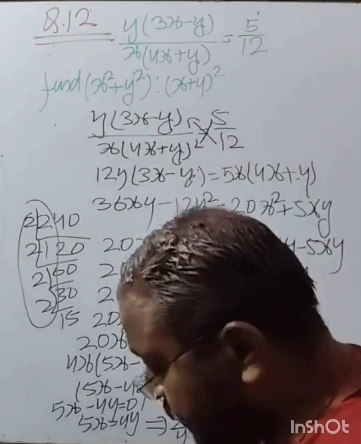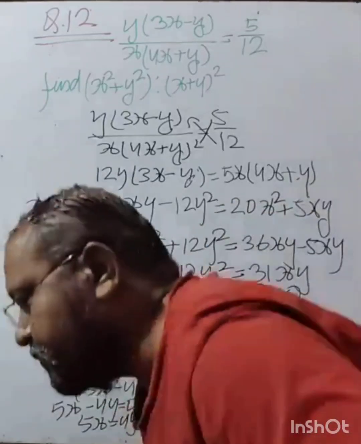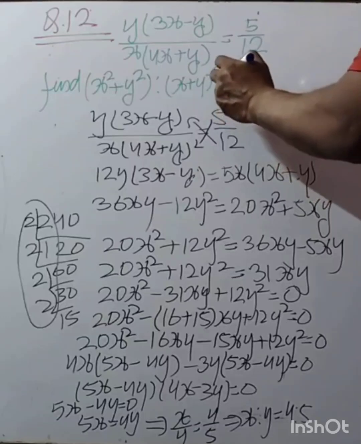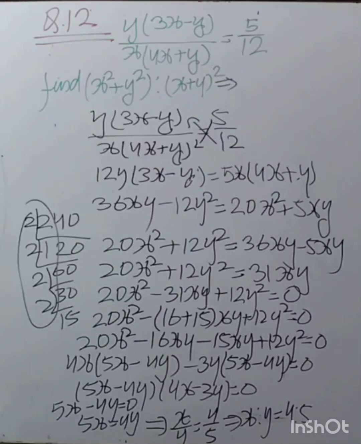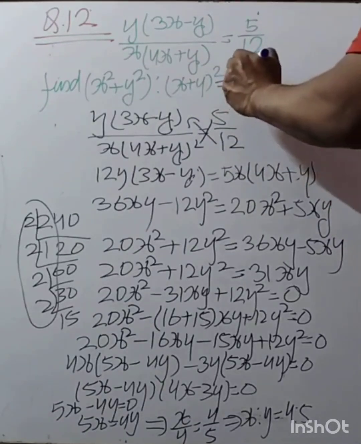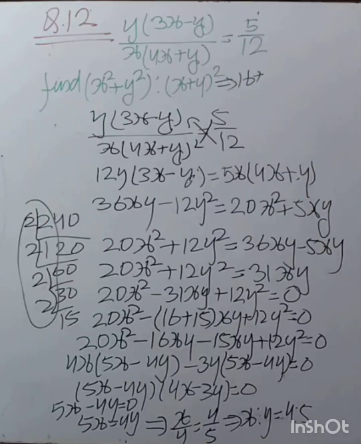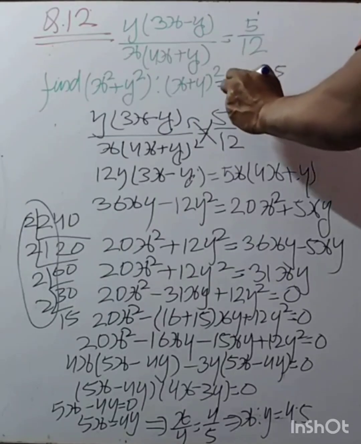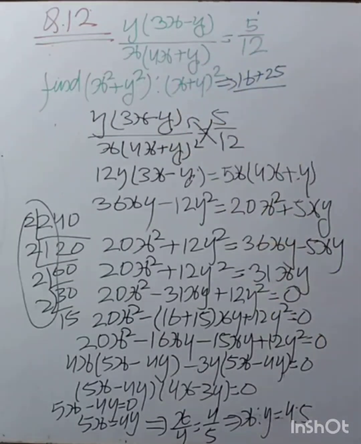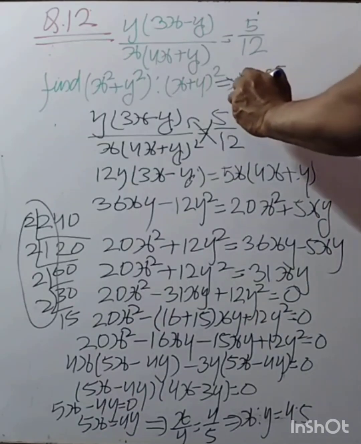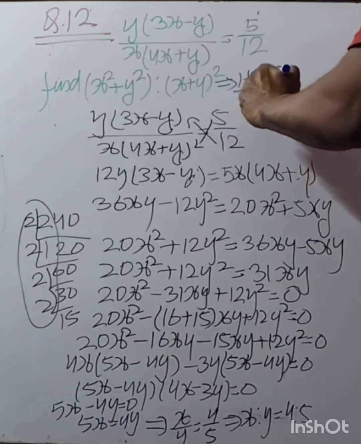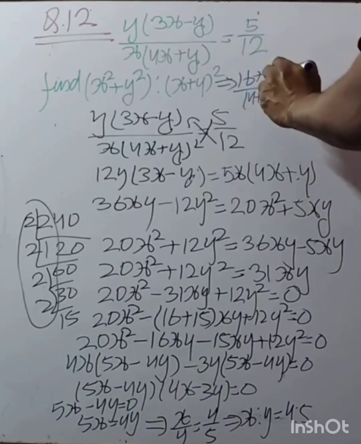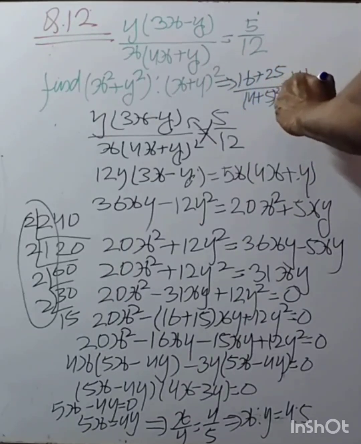If you put here, so how much you will get now? X is 4. 16 plus 25 upon 4 plus 5 whole square. So it becomes 41 upon 81. What was your answer?